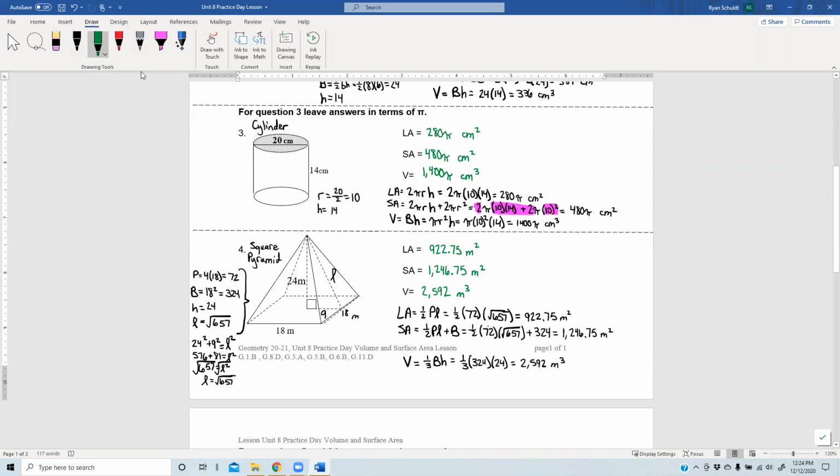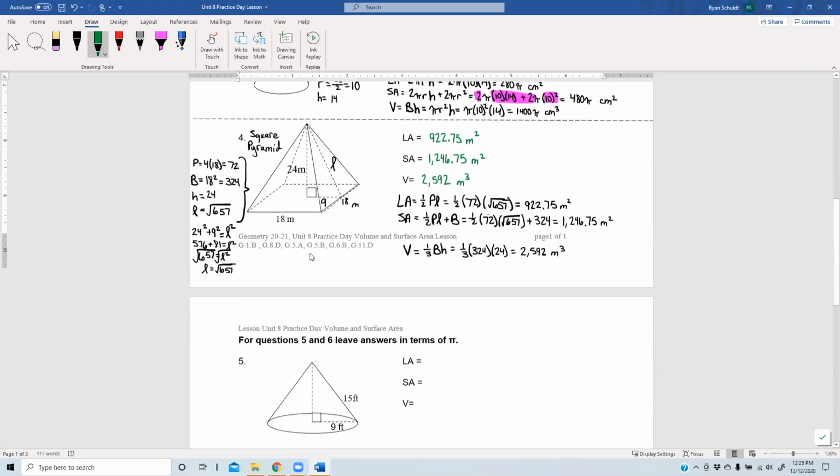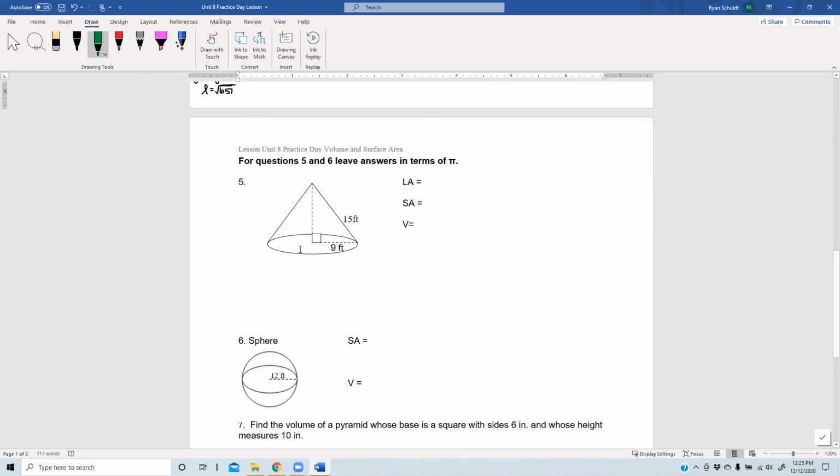We're just moving right along. Number 5. What shape is number 5? It's a cone.